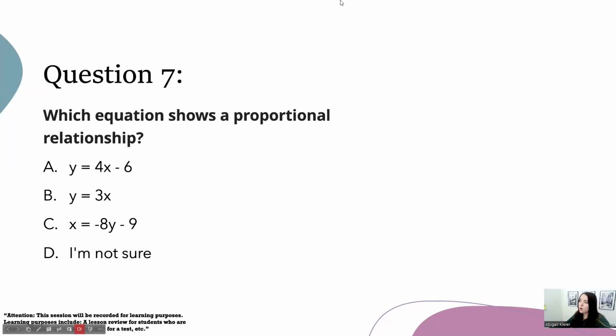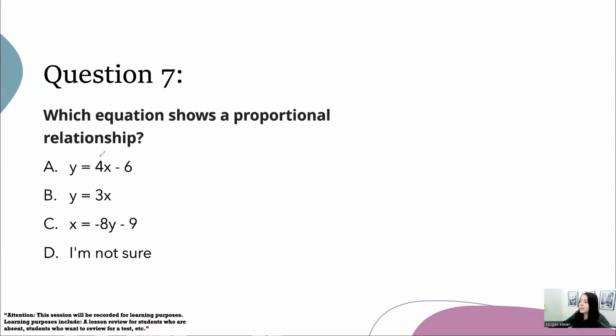And just a few more. Question number 7 is asking us which of these equations is a proportional relationship? Now, going back to what we discussed previously, anytime we have a proportional relationship in equation form, it must be in the form y equals kx, where k can be any number.